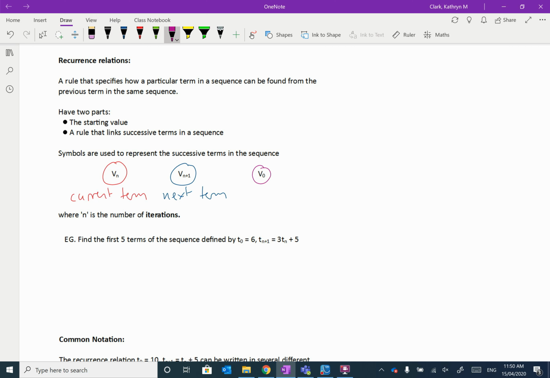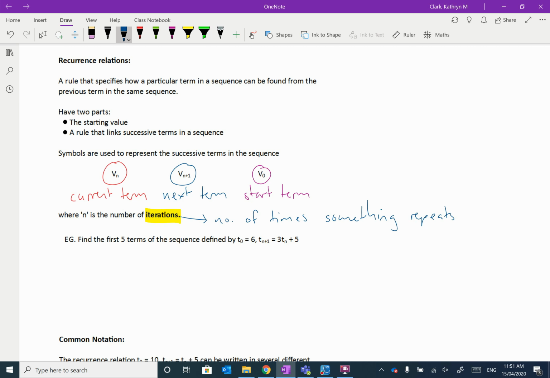And then V0 represents our starting term, or starting value. And then n represents the number of iterations. Now that might be a word that you're not familiar with. Iterations just means the number of times that you're going to repeat it. So number of times something repeats.